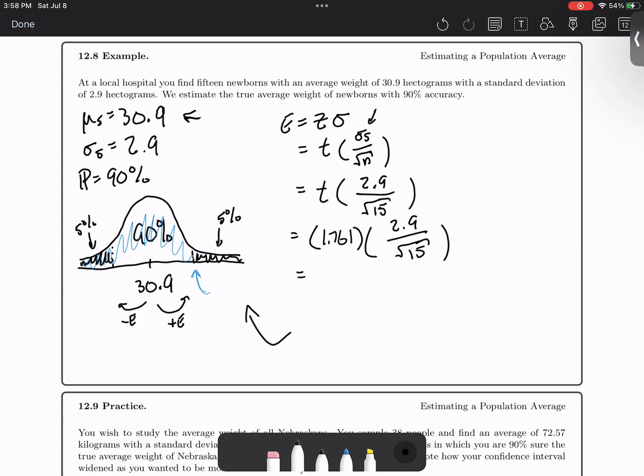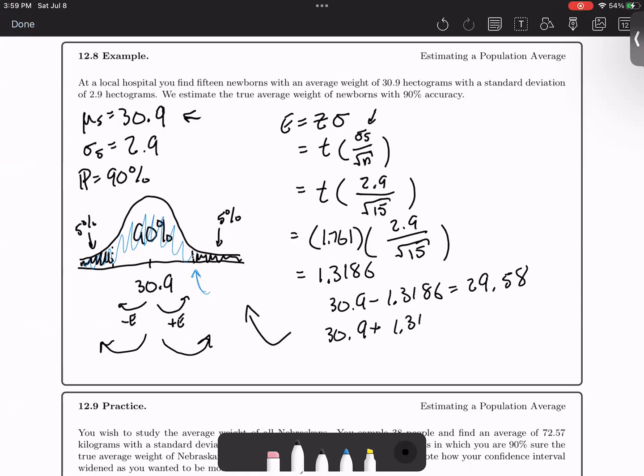So when you go through this, you find a margin of error of 1.3186. And if you move that margin of error to the left and to the right, your lower bound on your 90% confidence interval is 29.58 hectograms, and your upper bound is 32.22 hectograms.